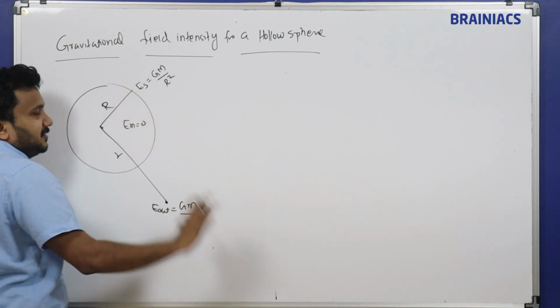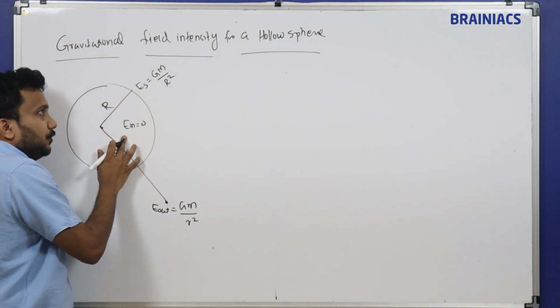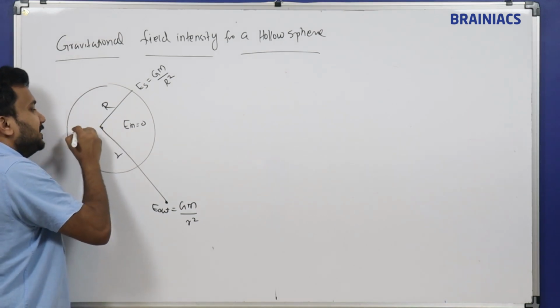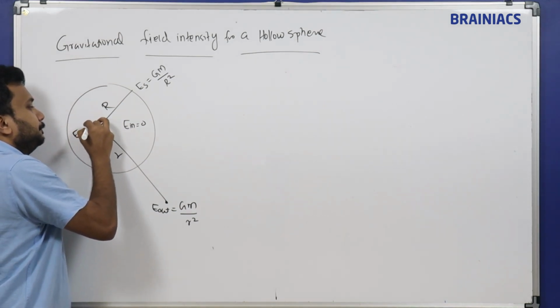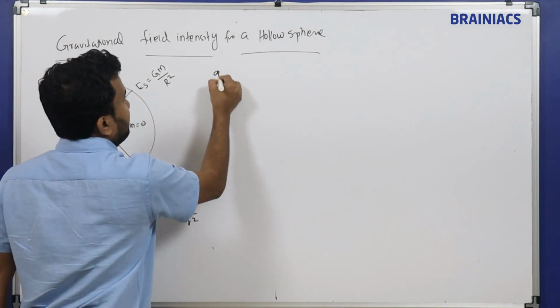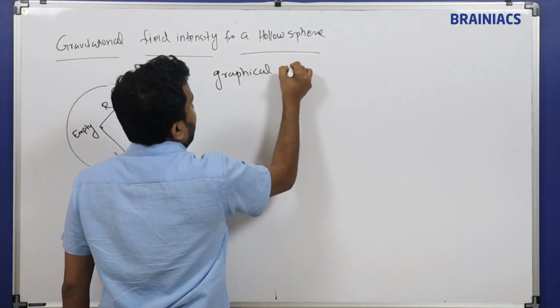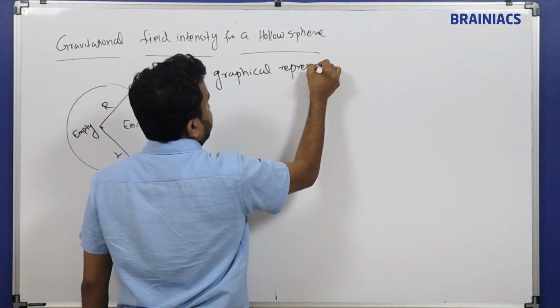Within the sphere no mass is involved. In short, gravitational field intensity is equal to 0 inside a hollow sphere. Hollow means it is empty, nothing. At the surface we have this value. So we'll see the graphical representation. What will be the graphical representation for this one?